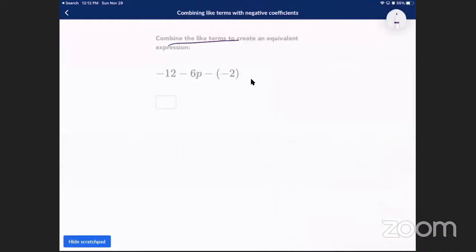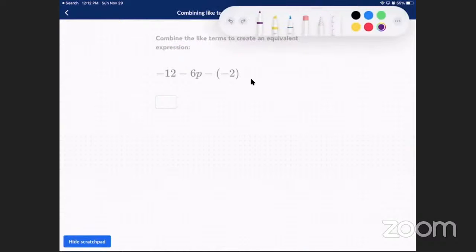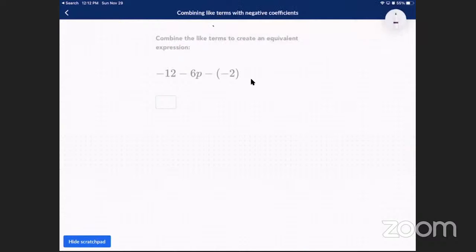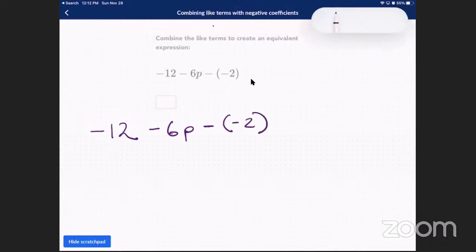Combine like terms to create an equivalent expression. Trying to draw it out. All right, we have negative 12 minus 6p minus negative 2. So first what we're going to do, we're going to just put the 12 here, 6p. Okay, so first we want to focus on this piece here.